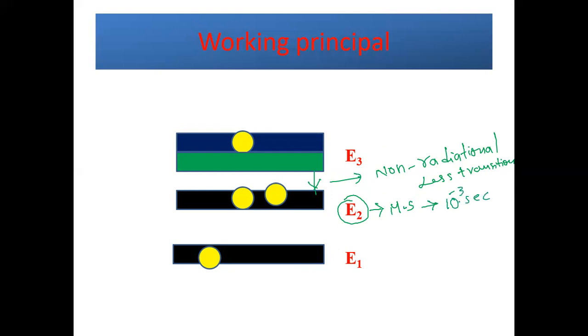After 10 power minus 3 seconds, the chromium atoms present in the E2 energy level decay to the E1 energy level by emission of a photon having wavelength 6943 angstroms.